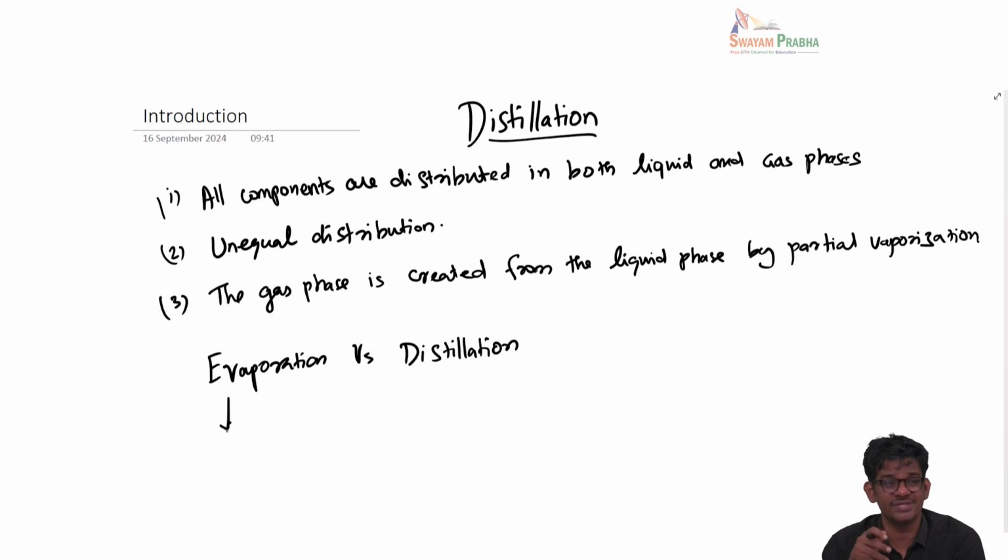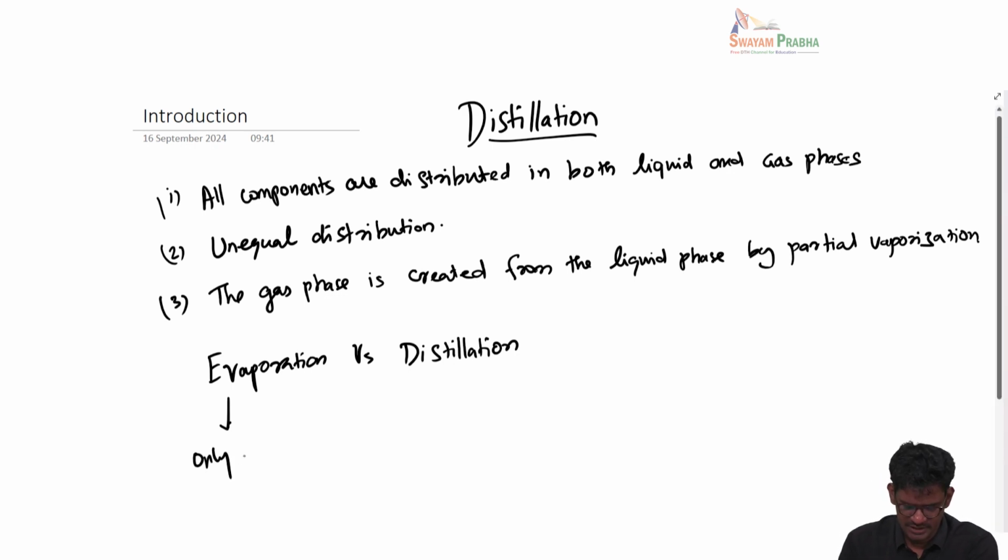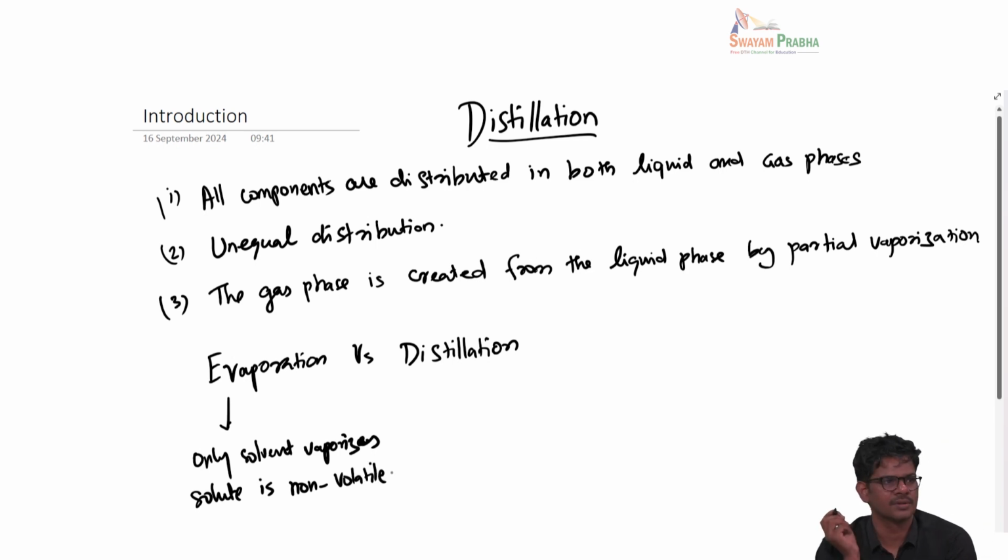The solute, which is salt here, will not be present in the gas phase. Only solvent vaporizes; solute is non-volatile. Such a process we call evaporation. Whereas distillation, as I said before, both components are volatile, both are evaporating to the gas phase.